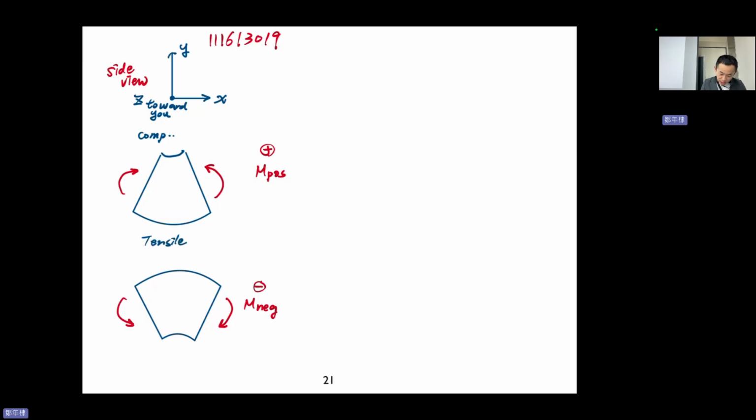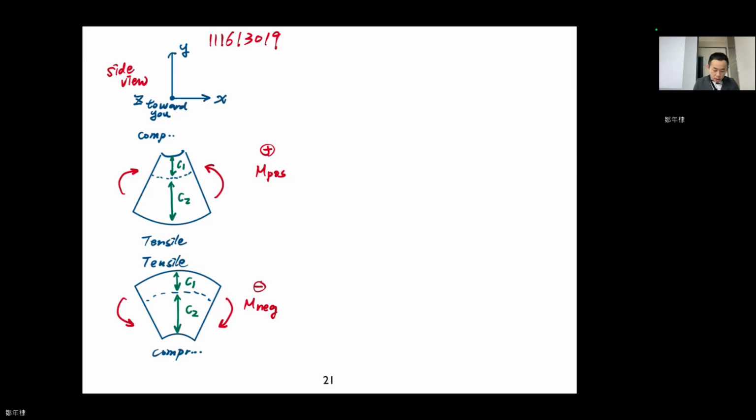And of course, here is tensile. And here will be compression. All right. And again, dotted line, this is the neutral axis. So it will be the same before and after bending. So this is C1, C2, C1, C2.